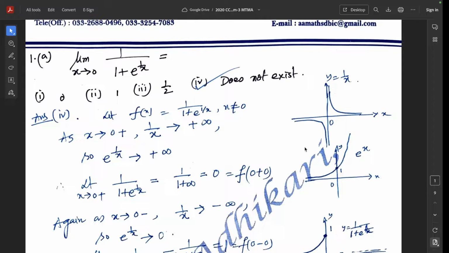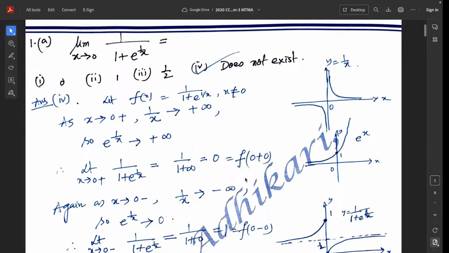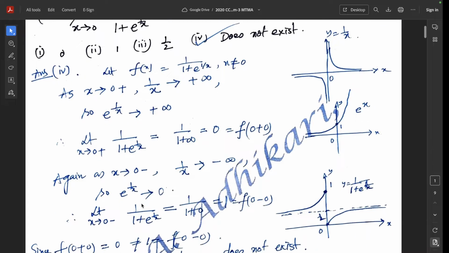So the limit as x tends to 0 plus of 1 by 1 plus e to the power 1 by x equals 1 by infinity, which equals 0. This is the right hand limit, f(0+0).